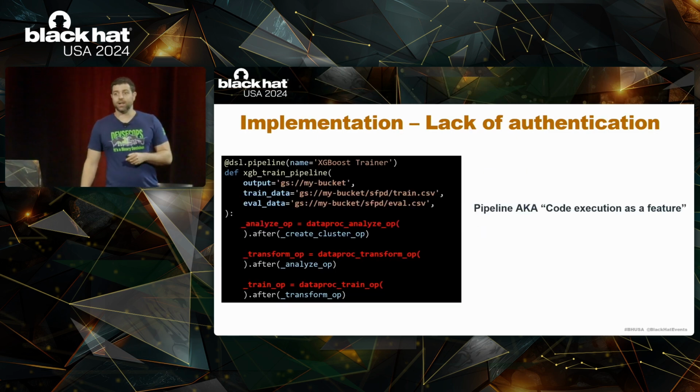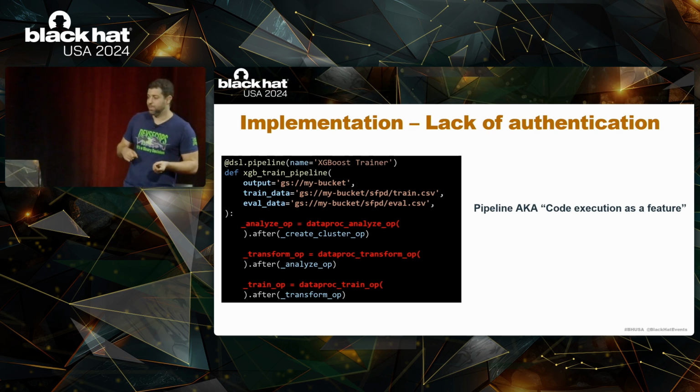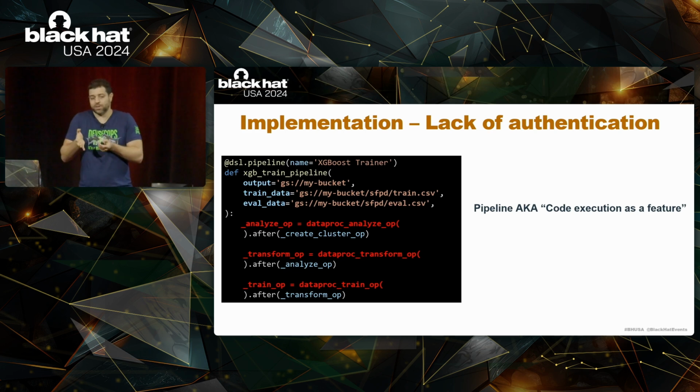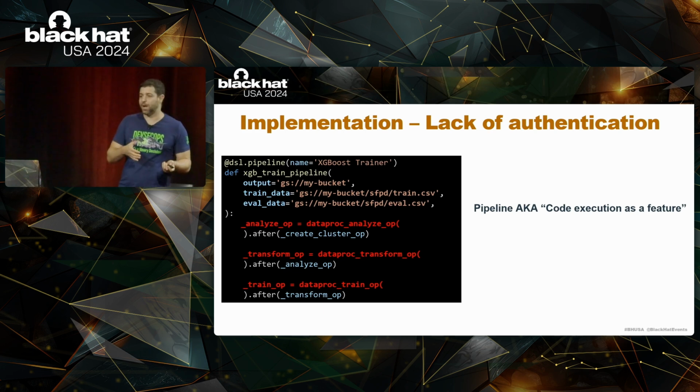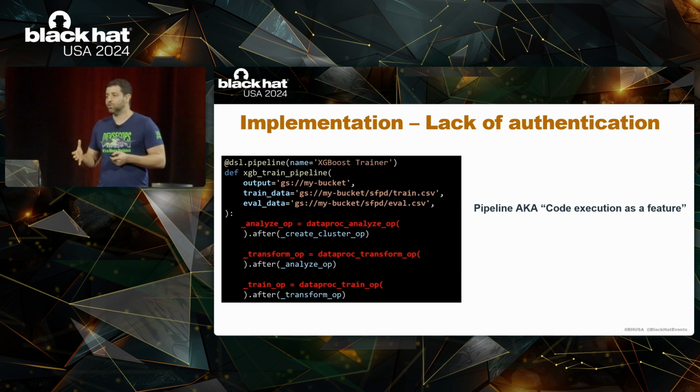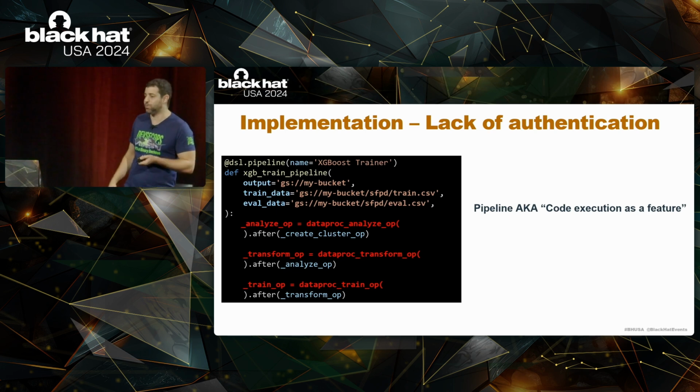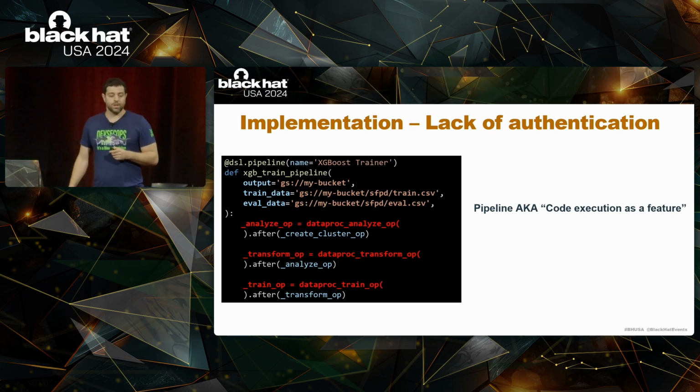So first of all, lack of authentication. So if you remember, I talked about ML pipelines. And as an attacker, if the MLOps platform supports a pipeline and I have enough permissions to edit the pipeline, then I can just run arbitrary code, because I can create a new pipeline with arbitrary Python code. So I like to call it code execution as a feature.